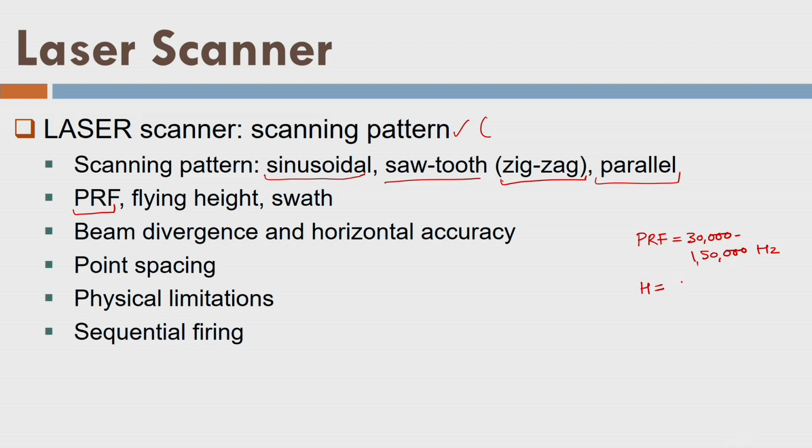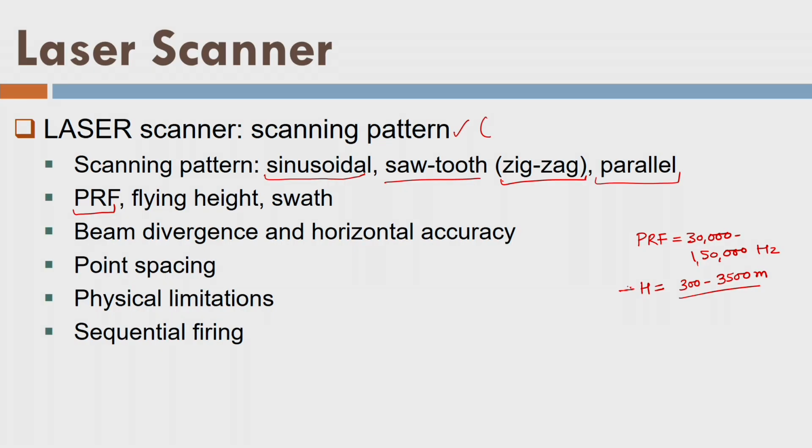It is in general of the order of, let us say, 300 meters to something like 3500 meters, although this flying height is regulated by some mapping agencies as well as civil aviation authorities. So we need special permission in order to fly at a certain height.